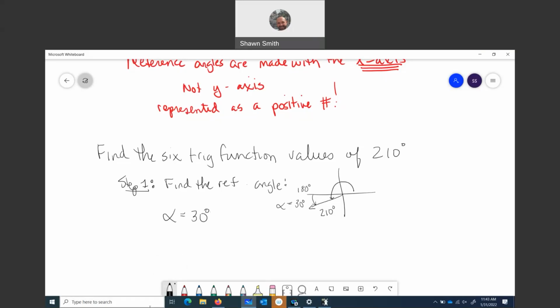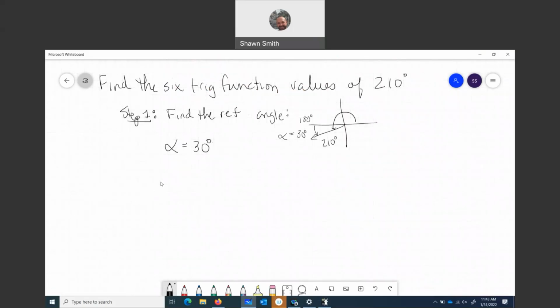Now all the 6 trig functions of 30 degrees are going to have those same numbers except our signs, that's S-I-G-N, may be positive and negative for our trig function values. And this is where we use the mnemonic. All students take calculus, right? So step 2, determine signs of trig functions of that angle.